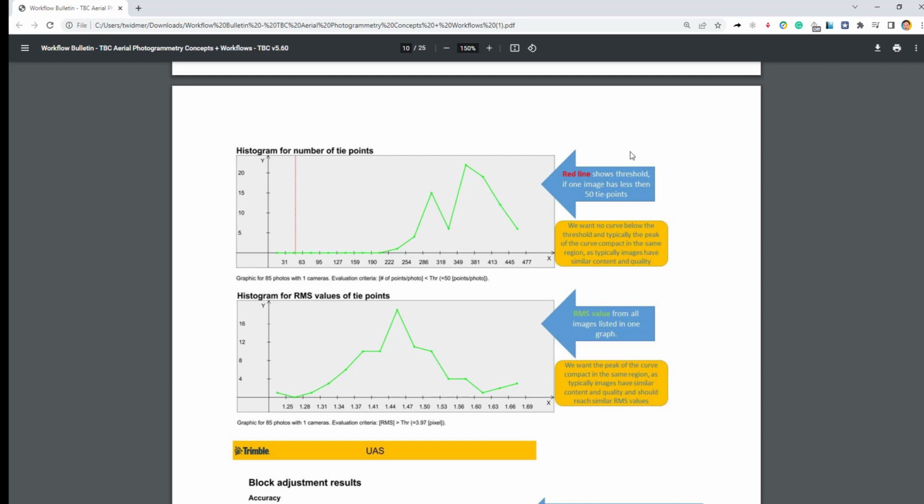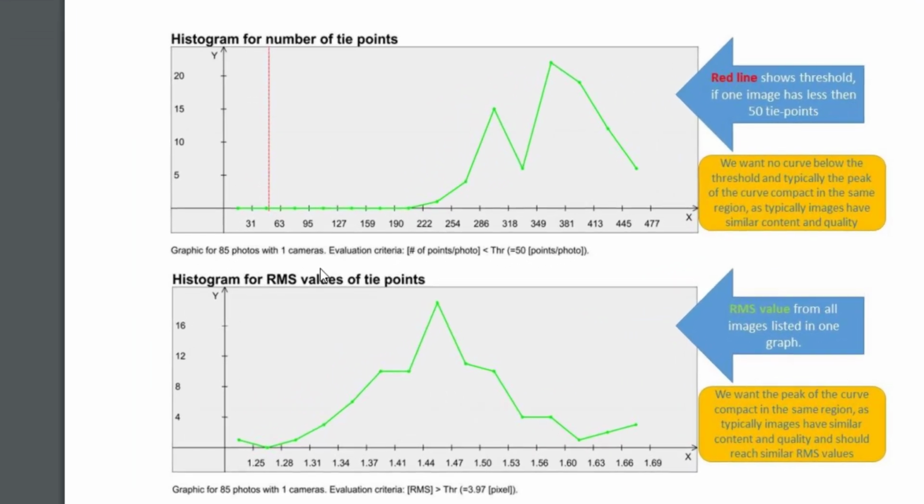And here just one more time in this workflow bulletin, summarized. So we don't want to have any of our images below this red line, and we also want them to be below this 3 sigma value listed in our histogram.